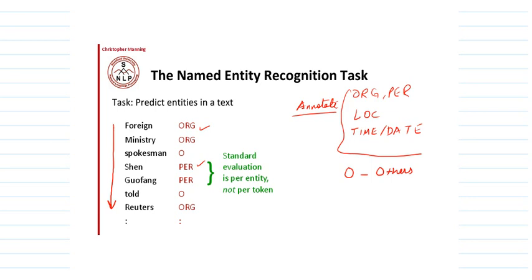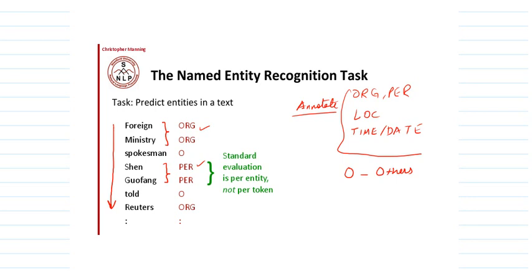So the standard kind of evaluation, annotation, labeling or prediction is per entry and not per token, right? So we see that these two combined are actually one entry. Similarly, these two combined are actually an entry, and so per token is not that significant, but per entry is more significant, because two or three tokens together may lead to a named entity.